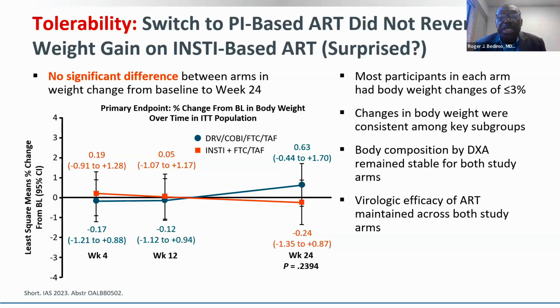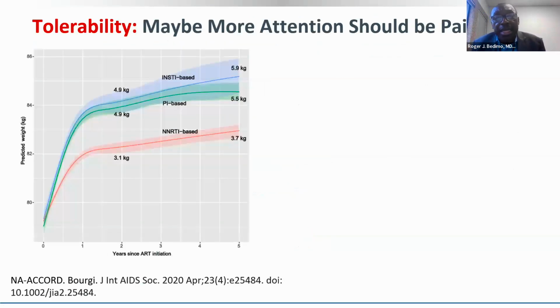Now, should we be surprised? I don't really think we should be, because there are some initial studies, and this is the NA-ACCORD 3 years ago, that already suggested that protease inhibitor-based regimens were associated with almost as much weight gain as integrase inhibitor-based regimens.